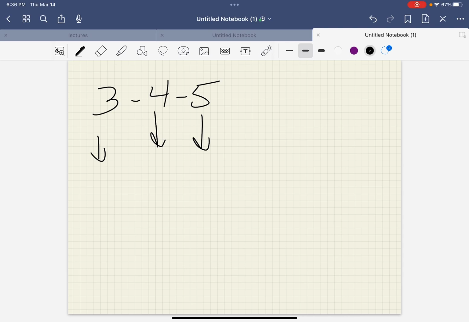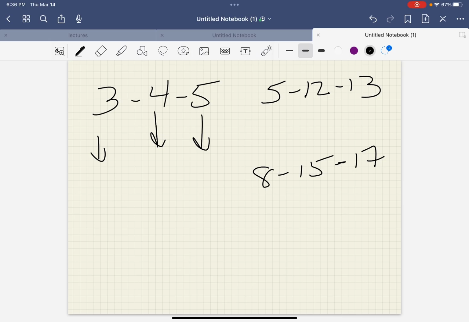Okay, that's the basic Pythagorean triple. Another one that works is 5, 12, and 13. And then the last one they give you is 8, 15, and 17. If you can memorize those, it's going to save you a lot of work. If you don't memorize them, you can always use the Pythagorean theorem to fill in the missing blanks. But if you memorize those triples, it's going to help you save a lot of time.